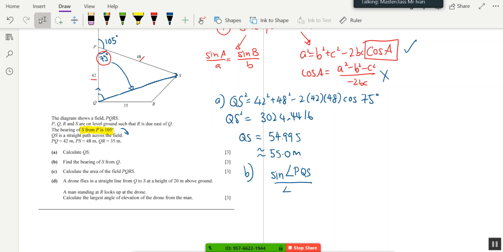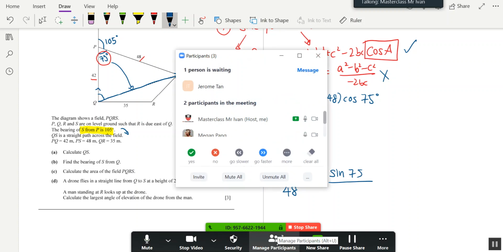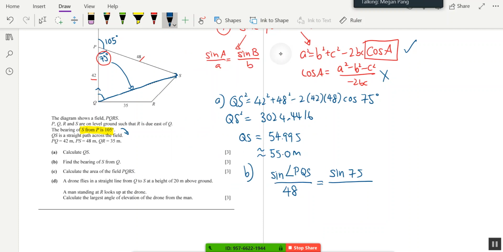So just write down 48, equals to, now we need another angle, sine 75, over QS. Which value of QS do we use? The one with the decimal. So we use 54.995.